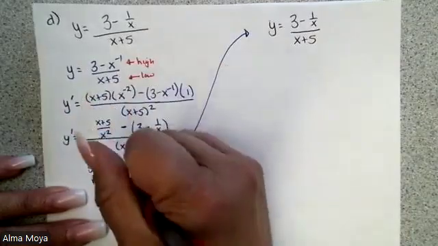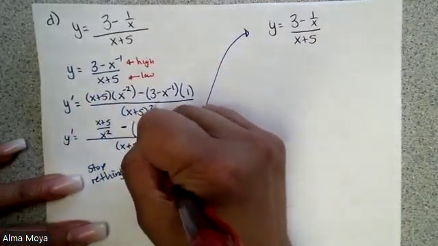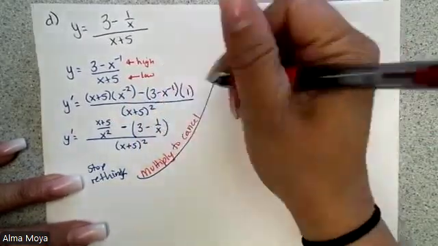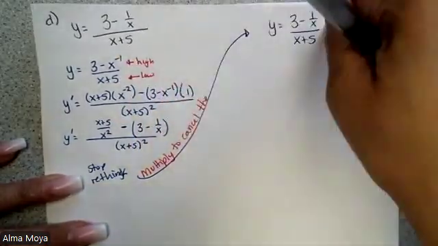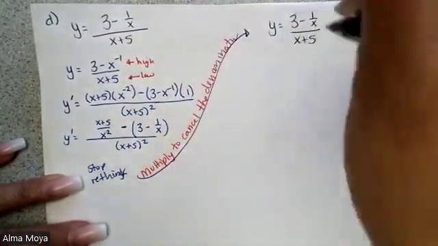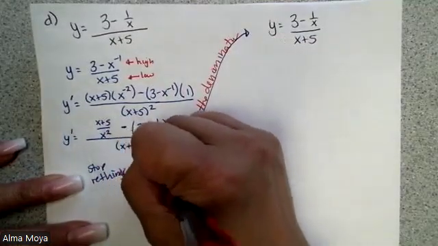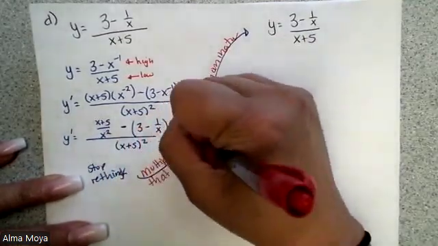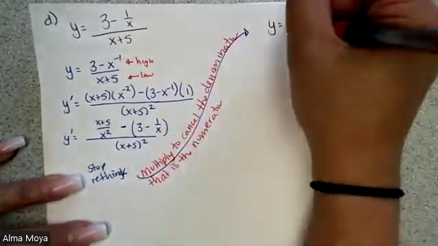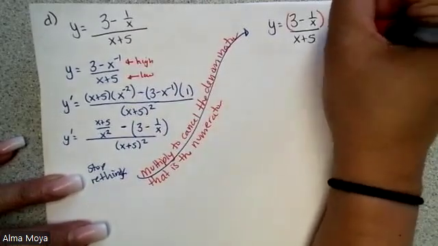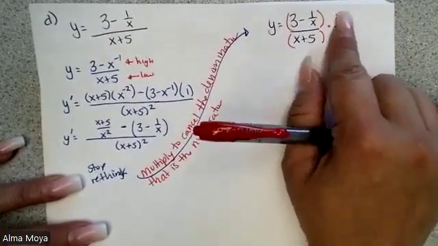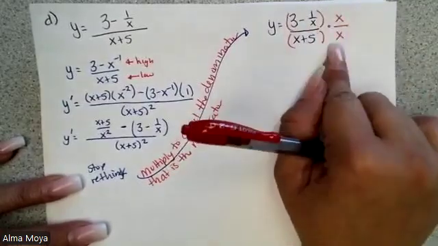We have to multiply to cancel the denominator that's up on the top, in the numerator. So I'm going to multiply the entire top by x, and whatever I do to the top, I do to the bottom. I am multiplying by a form of 1. X divided by x equals 1. So I'm not changing the value of the problem.